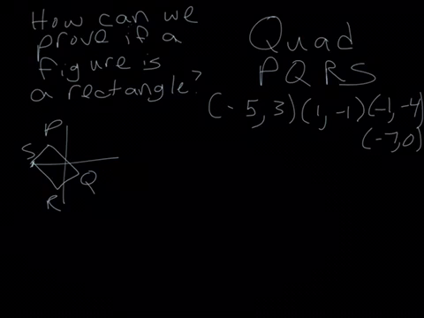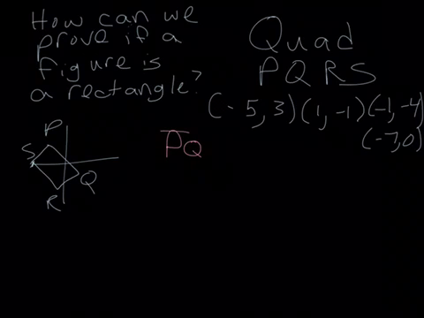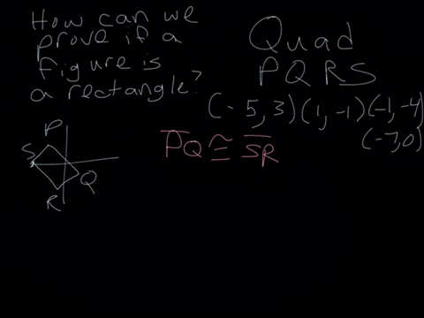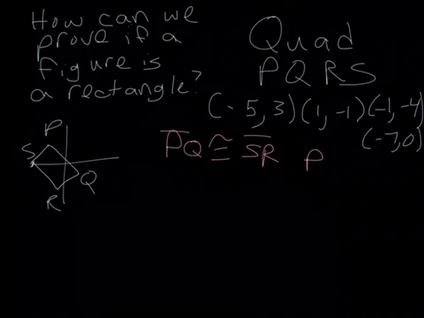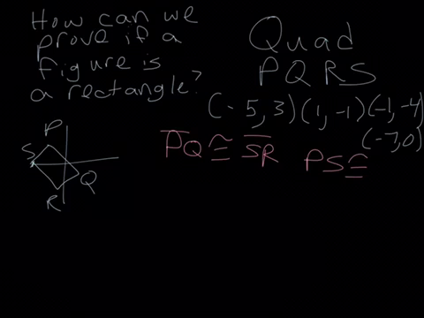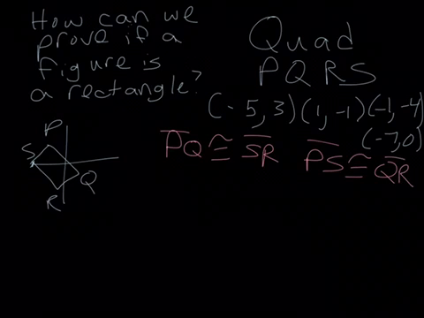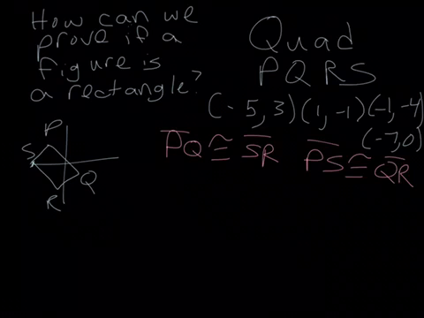So we said we could look at this and do the distance formula. We need to prove that the opposite sides are congruent. So through the distance formula, we can seek to prove that PQ is congruent to SR and prove that PS is congruent to QR. And we would do that, of course, by plugging in the coordinates.